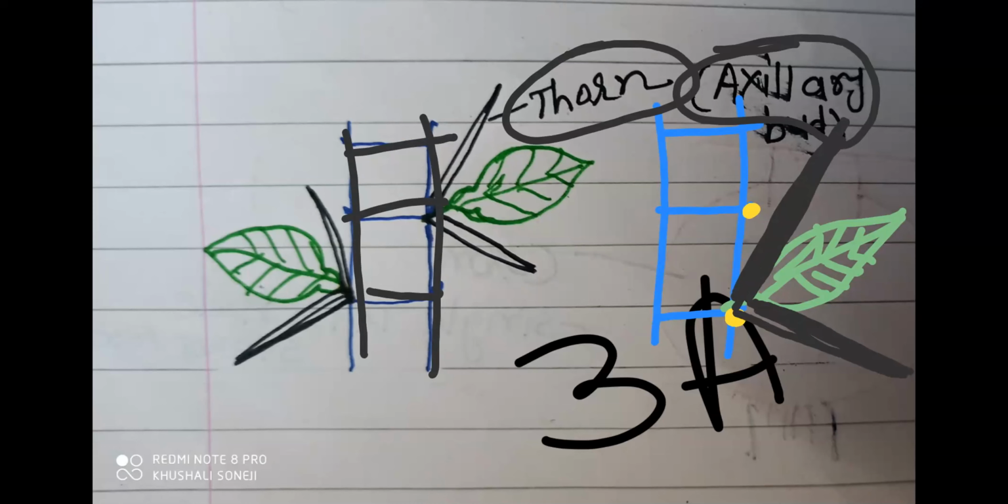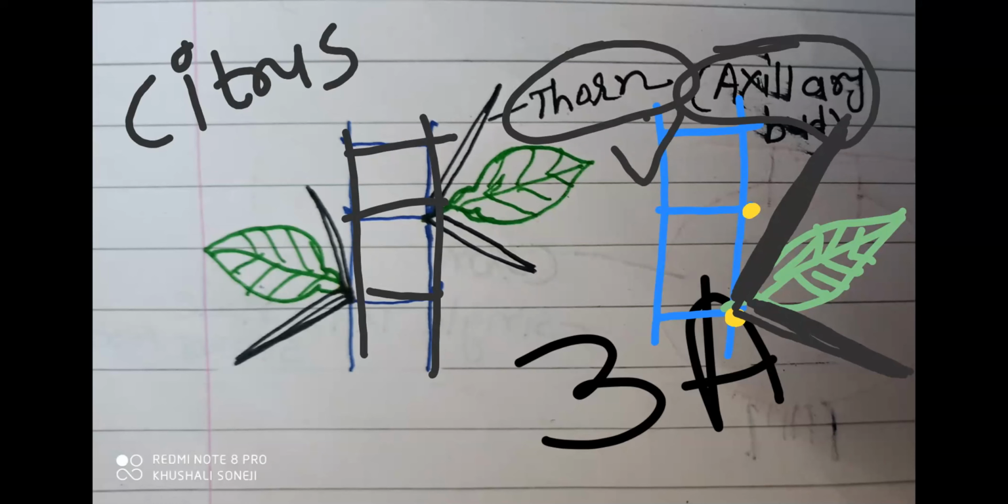To protect the plant from these browsing animals, plants develop this type of pointed structures, and that we call the thorn. Example, citrus, lemon. Okay, so one of the examples is lemon.